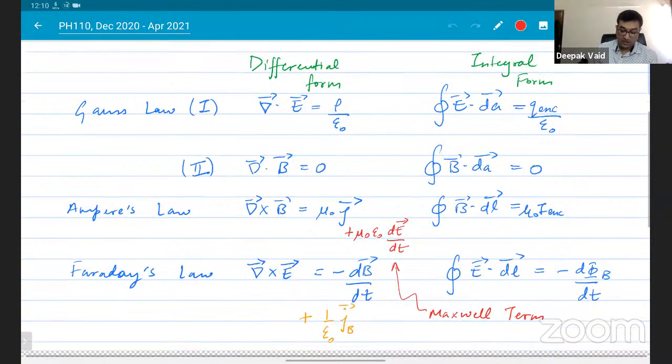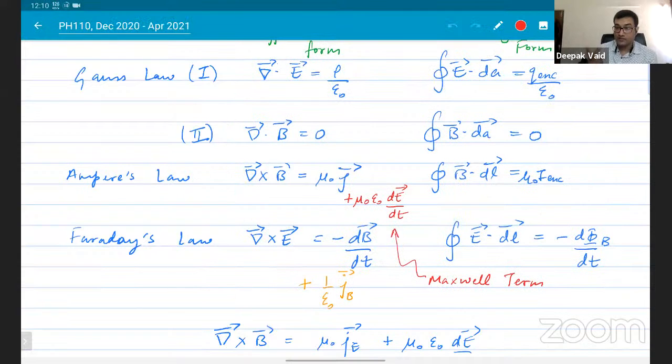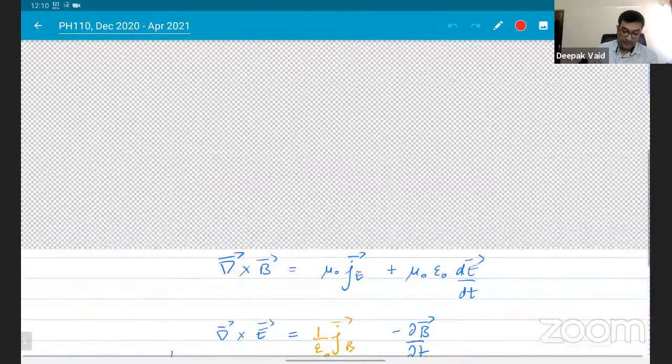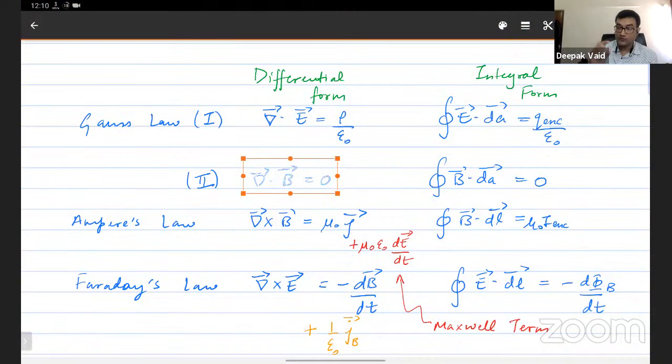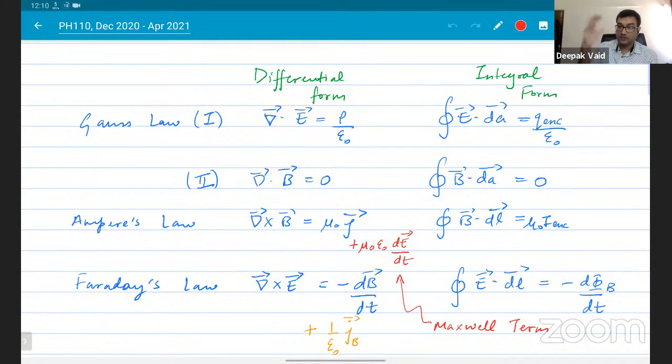Then, along with these equations, you have to remember the divergence theorem and Stokes theorem. The divergence theorem tells you that if you take the integral of this quantity over some volume, it's equal to the flux of that quantity over the surface of that volume.